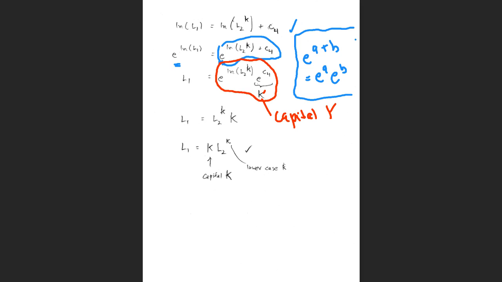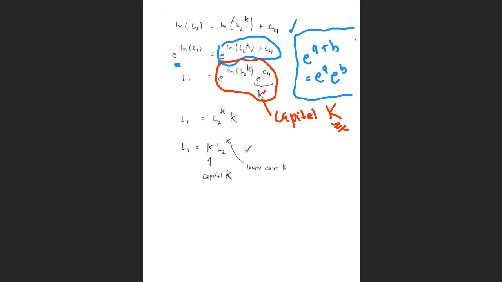The reason I'm using that is I'm thinking about WebAssign, and that last problem in the 7.3 homework set. In the answer, they want a big K there.